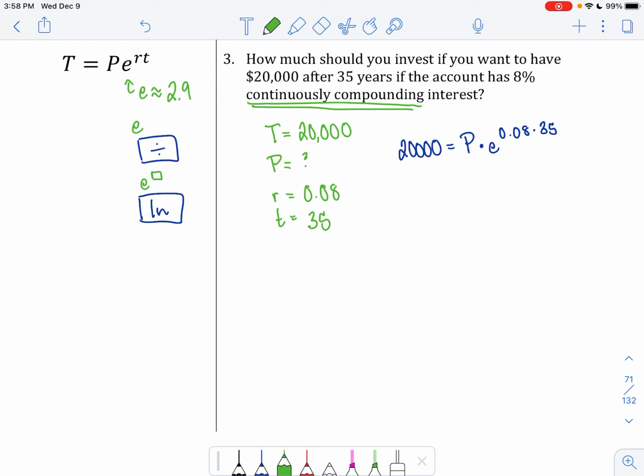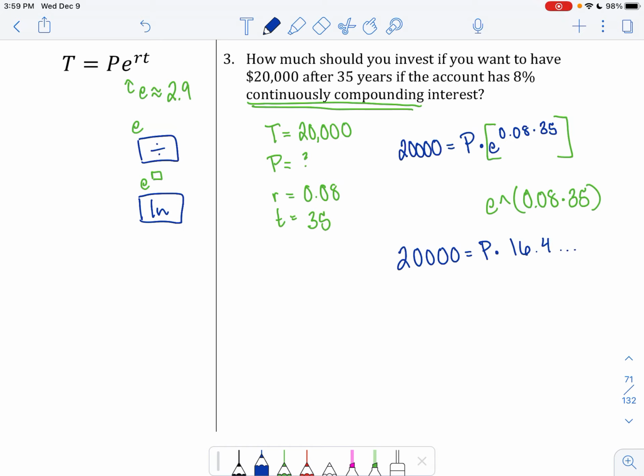Now, in this case, again, E is a constant, so we can type this into our calculator using one of these two buttons. You might type it in as E to the parentheses, 0.08 times 35, close parentheses, and you should end up with 20,000 is equal to P times 16.4 something something something.